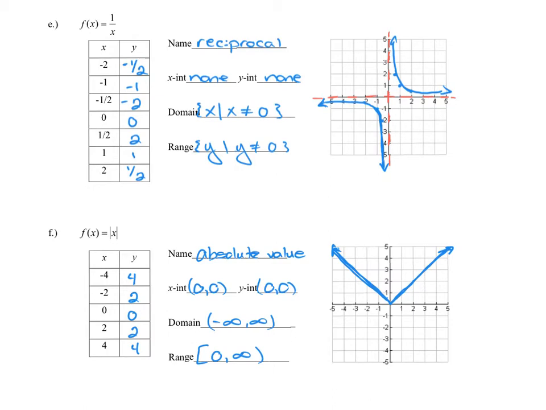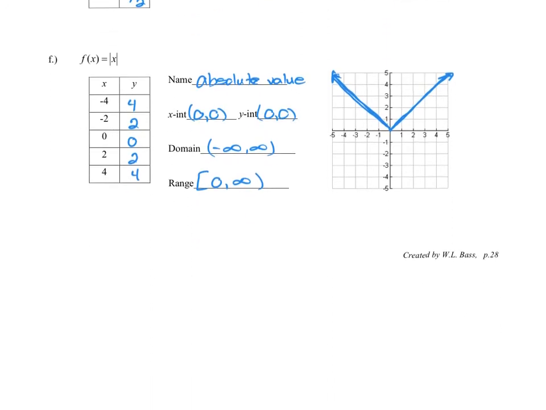Our last function that we have on this page is going to be our absolute value function. On our absolute value function, you all probably are pretty comfortable with recognizing that it's a v. You understand already that each of these negative values in the absolute value function become positive.